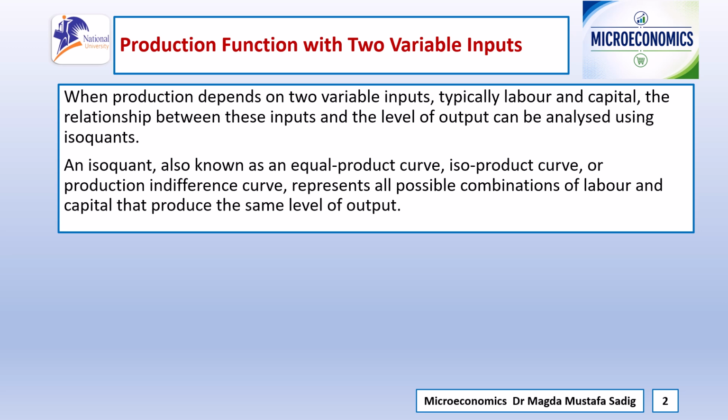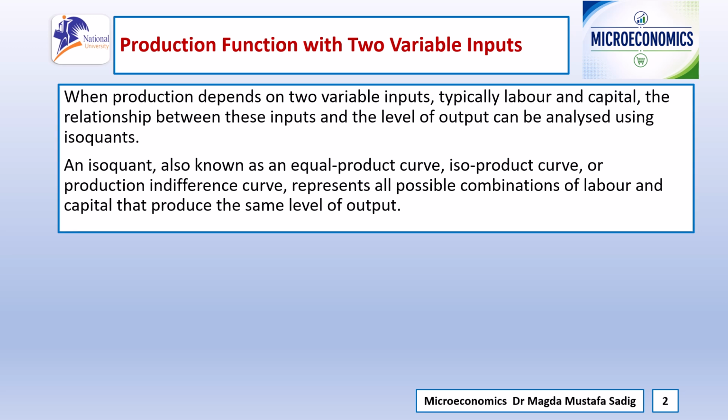Labor includes workers and human effort. Capital includes machinery, equipment, factories, and tools. When both labor and capital can vary, different combinations of these inputs may produce exactly the same amount of output. This relationship is illustrated using isoquants.